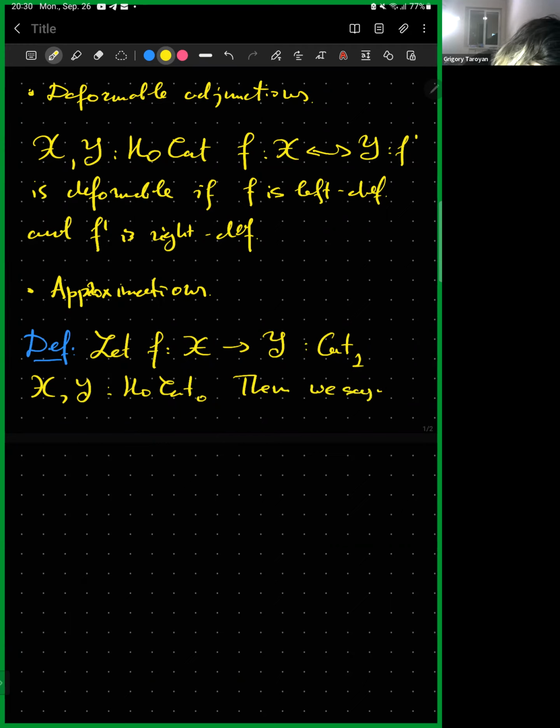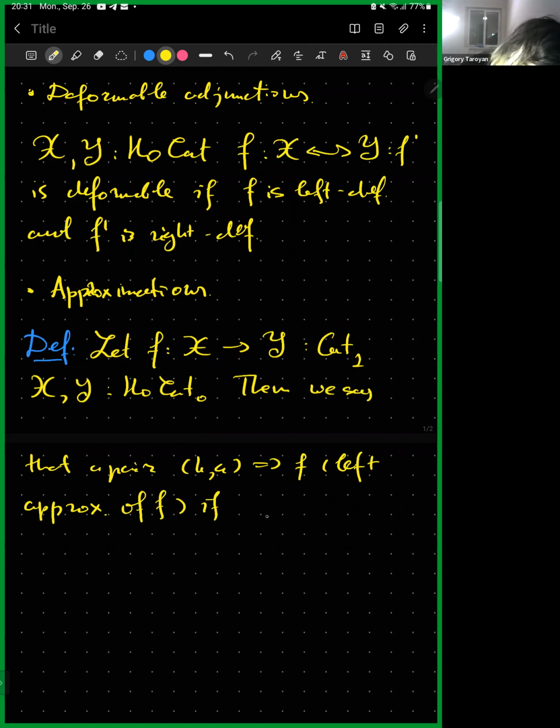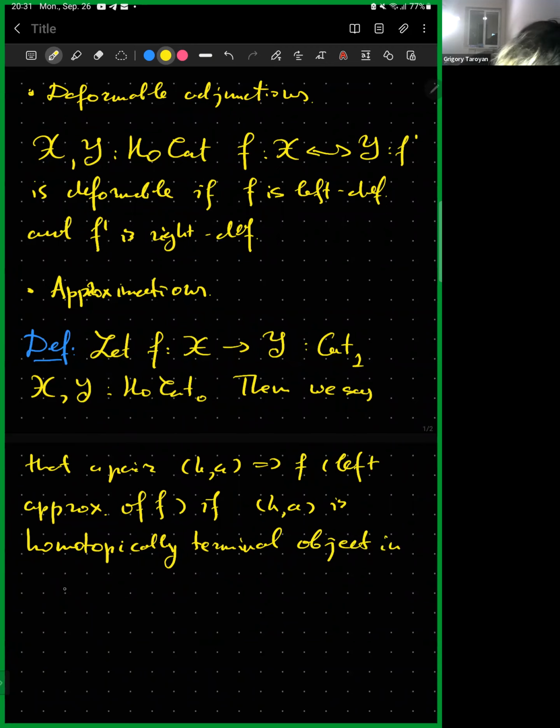Then we say that a pair (K, α) is a left approximation of F if (K, α) is a homotopically terminal object in the category of homotopical functors over F. So we consider the category of homotopical functors over F, and we take a homotopically terminal object.